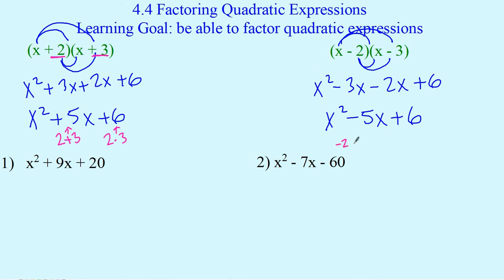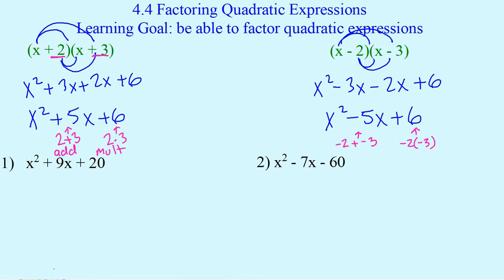If I have negative 2 plus negative 3, I get negative 5. And if I do negative 2 times negative 3, look what I get, positive 6. So that's the relationship we're trying to figure out. We want to figure out what two numbers go in parentheses that will add up to get this middle term and multiply to get this last term.